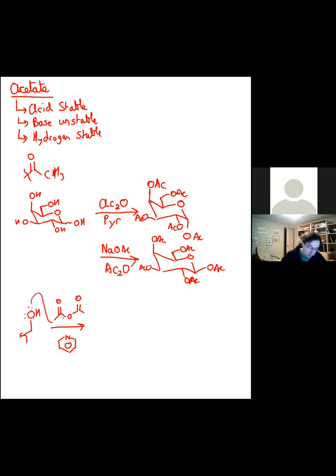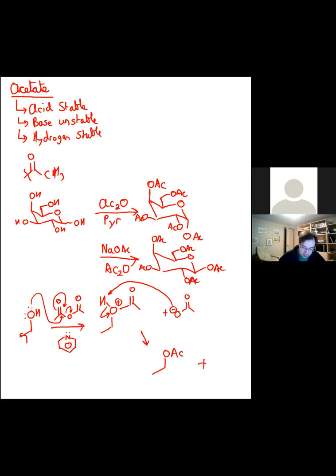What we're doing instead is getting nucleophilic attack of the alcohol onto the anhydride, cleavage of the anhydride, release of acetate as a side product, and then acetate or pyridine, either will work, is going to just scoop up that extra proton, which gives us the acetate.